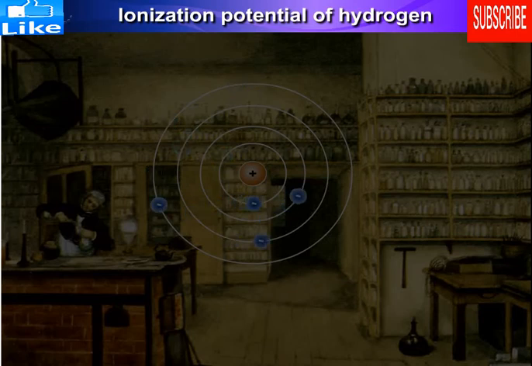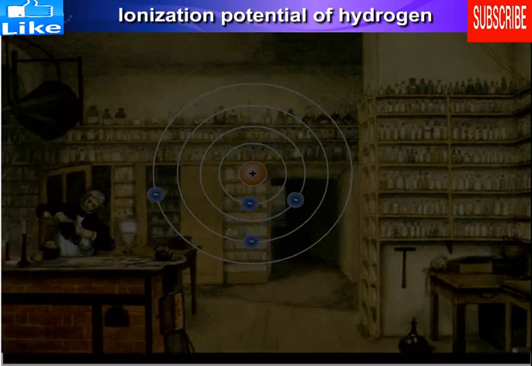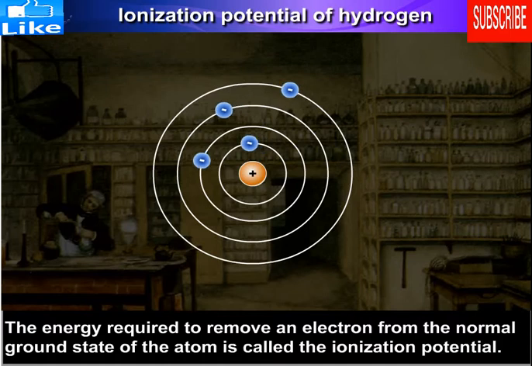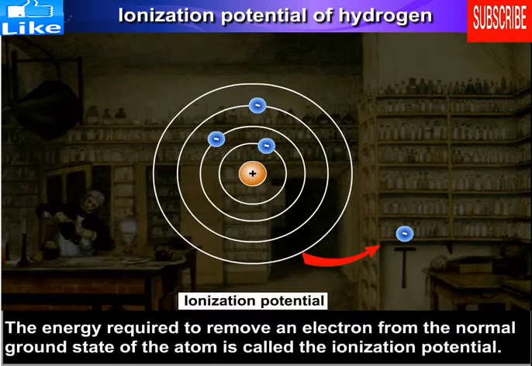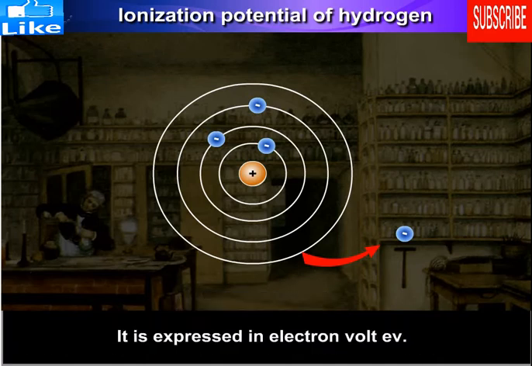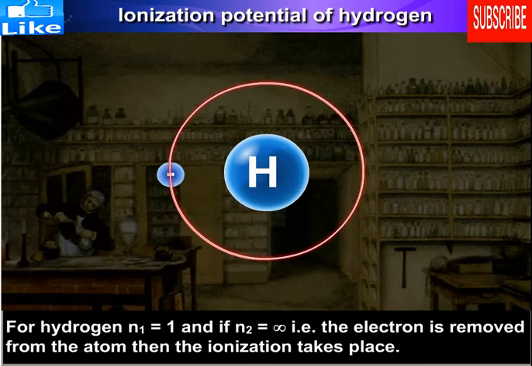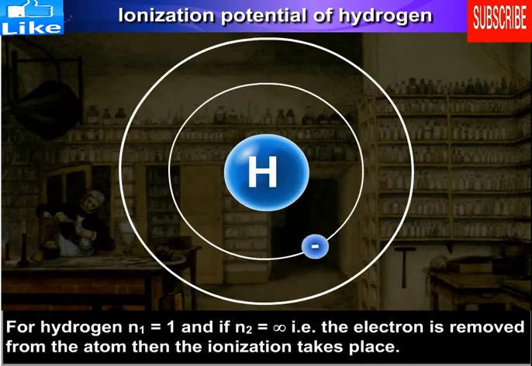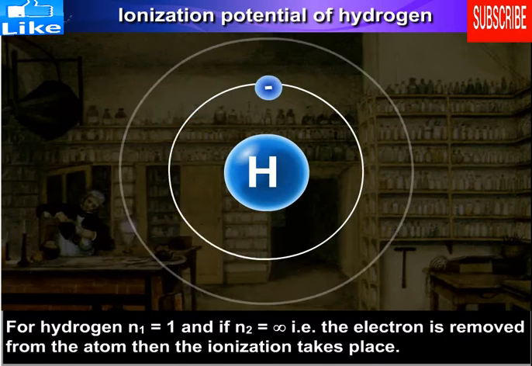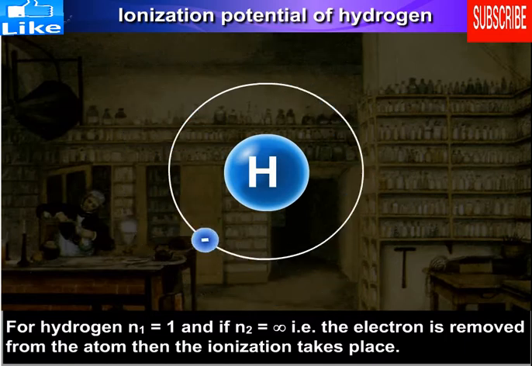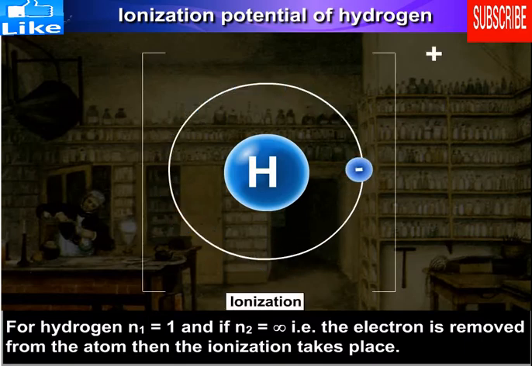Ionization potential of hydrogen. The energy required to remove an electron from the normal ground state of the atom is called the ionization potential. It is expressed in electron volt, eV. For hydrogen, n1 equals 1, and if n2 equals infinity, that is, the electron is removed from the atom, then ionization takes place.